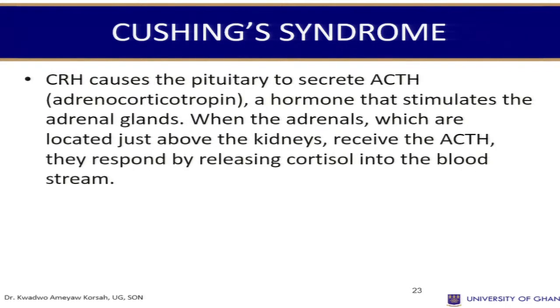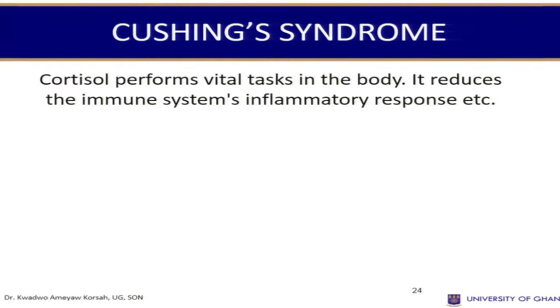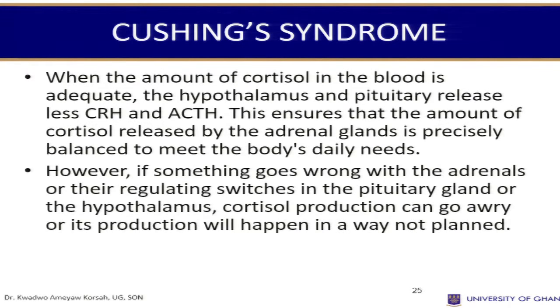CRH causes the pituitary gland to secrete ACTH, adrenocorticotropic hormone, a hormone that stimulates the adrenal glands. When the adrenals, located just above the kidneys, receive the ACTH, they respond by releasing cortisol into the blood circulation. Cortisol performs vital tasks in the body, reducing the immune system's inflammatory response and other functions.